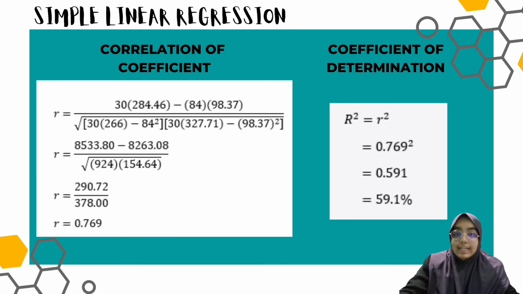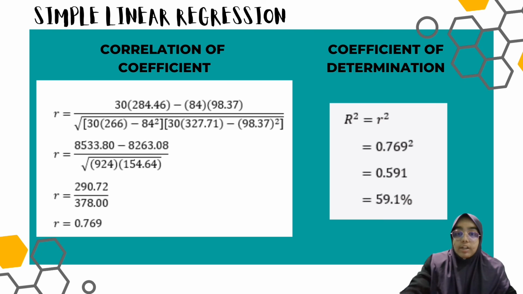Next, the correlation coefficient is the specific measure that quantifies the strength of the linear relationship between two variables in a correlation analysis. The coefficient is what we symbolize with R in a correlation report. As we refer to the slide, R equals 0.769 for the correlation coefficient.